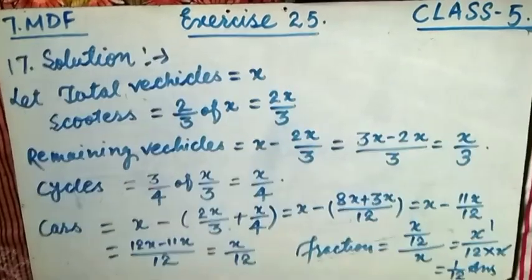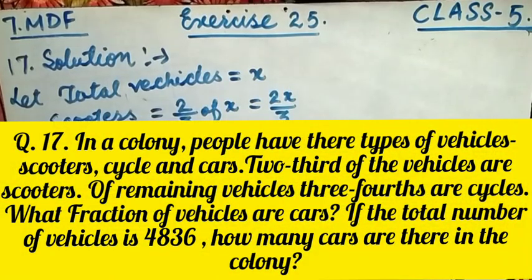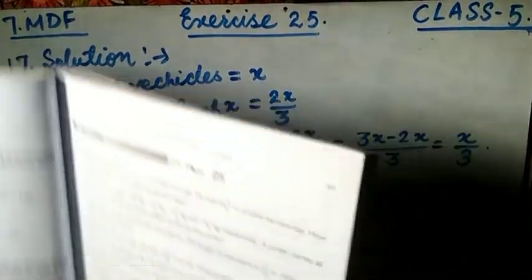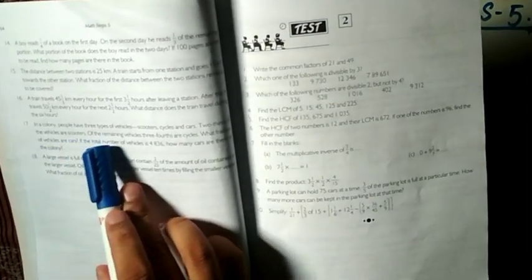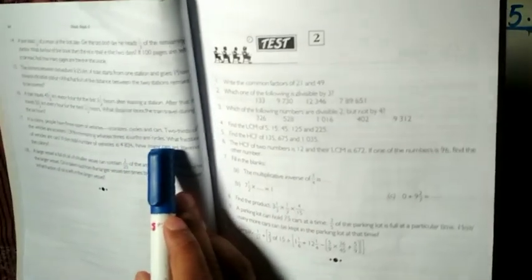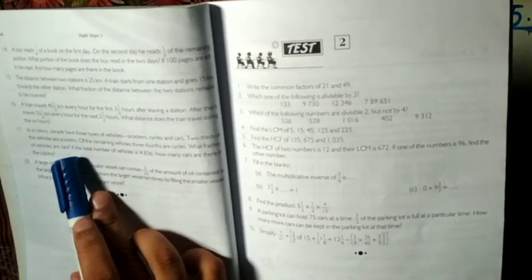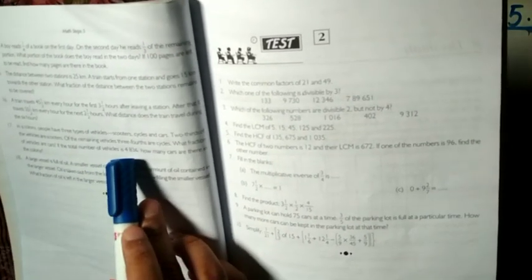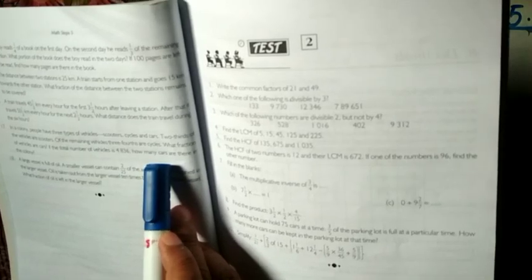Now next question. Now see students, question number 17. Here question number 17 says in a colony people have three types of vehicles: scooters, cycles and cars. 2/3 of the vehicles are scooters. Of the remaining vehicles, 3/4 are cycles.